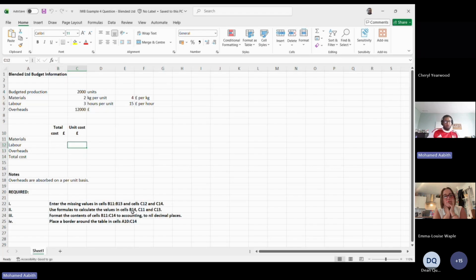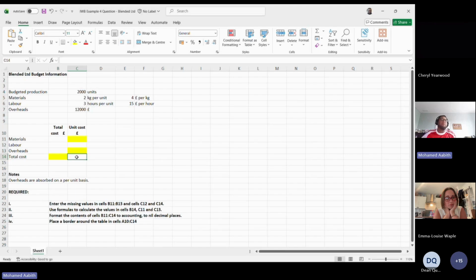Okay, so they only want you to fill out B14, C11, and C13, and they want formulas. So let's say these ones, they want formulas, and these ones, they just want numbers.